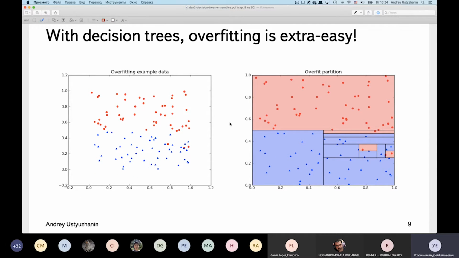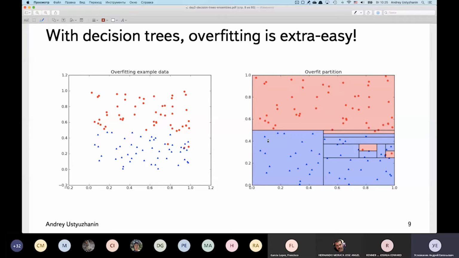As I said, looking at the previous example, it is also quite easy to try to catch the items that may be coming from the noise in our data, right?